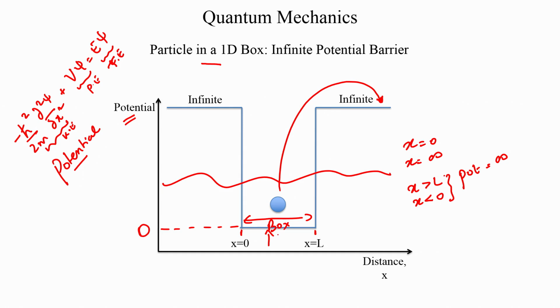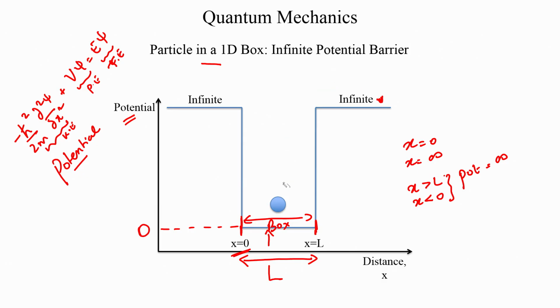As per this definition, the size of the box is of length L, with the coordinate system placed at x equal to 0 at this boundary and x equal to L at this boundary of the box.